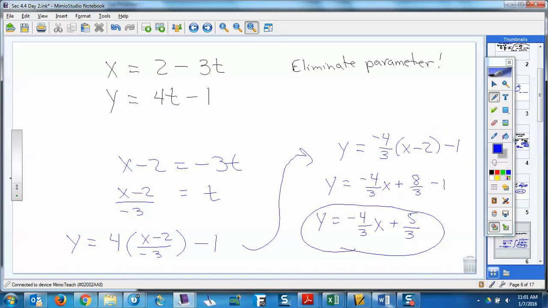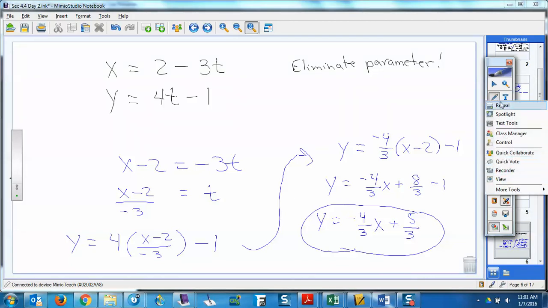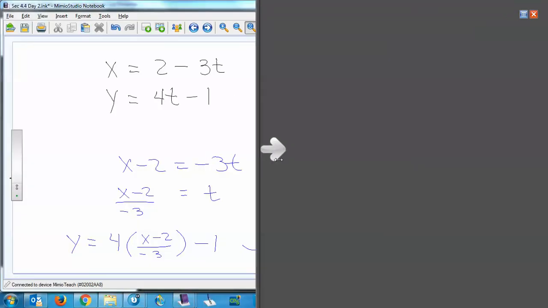Maybe. We've talked about it, you really don't have to. Yeah, you could. If the directions said put it in y equals mx plus b form or something like that, then you would have to, right? I went ahead and did that here, so let's take a look at it. But I think he's right up to a point. Now, yours may look different than that, and it just depends how you simplify. But if you look at mine, whoops.